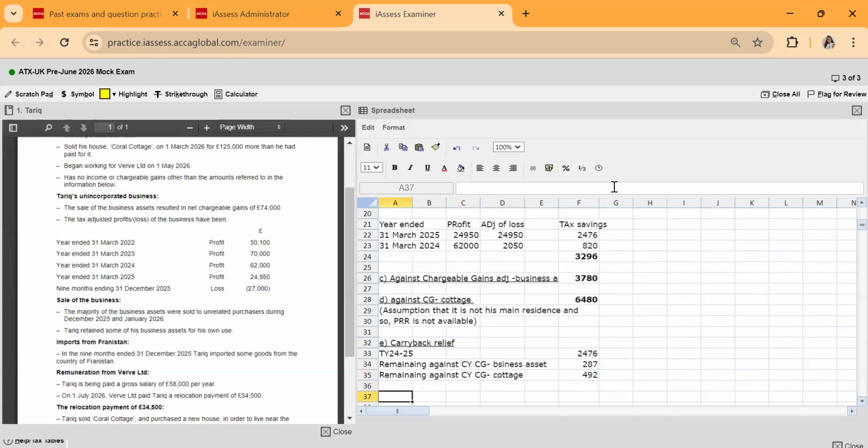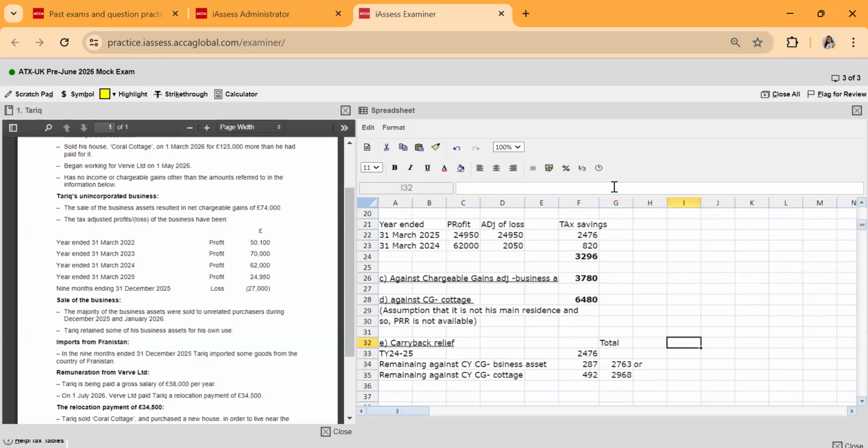So overall, if we talk about here, then the total tax savings will be this plus this, or this plus this. Okay, so these are all the tax savings options that we will have.